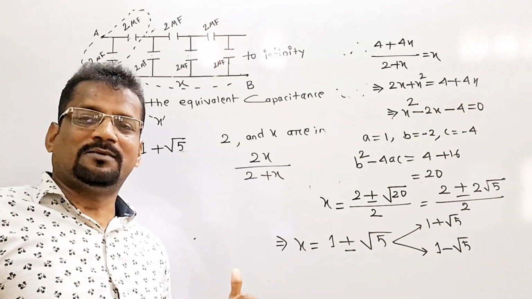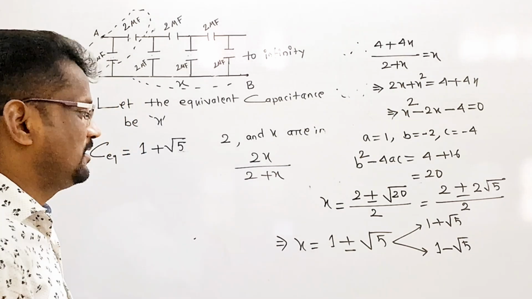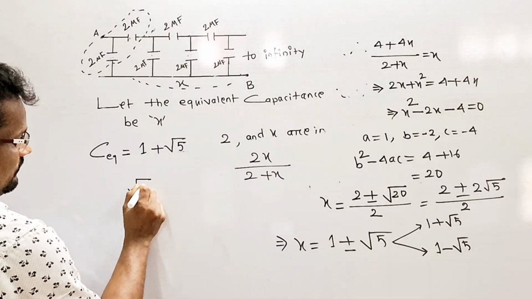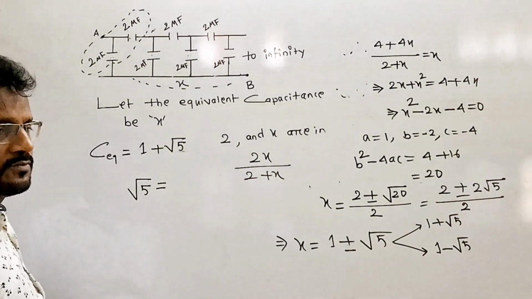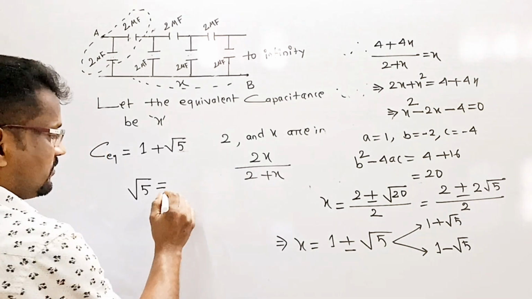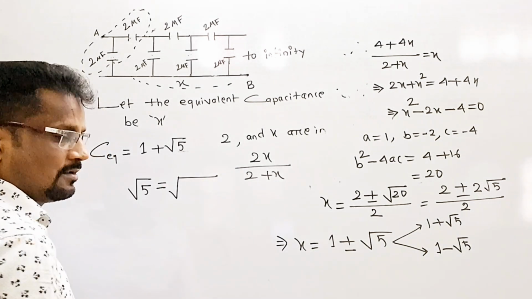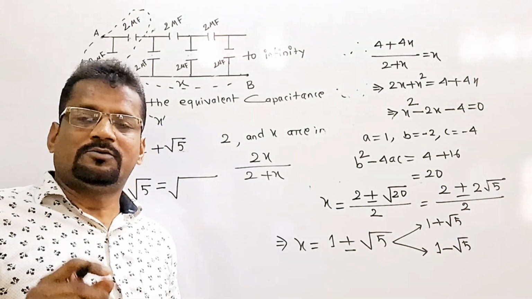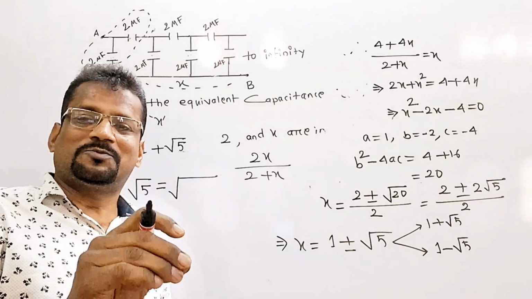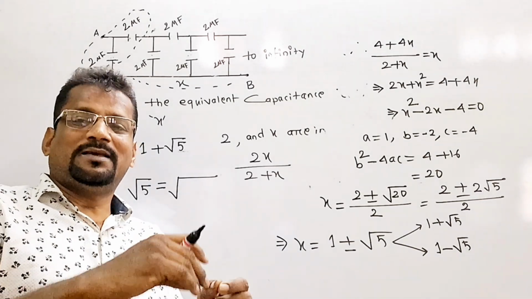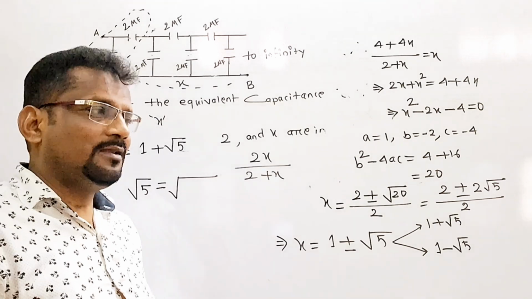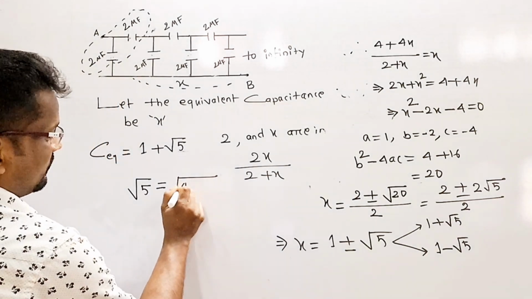If you want to get the answer in decimal, then you have to calculate the square root of 5. So how to calculate? Let me share a trick here. Within a couple of seconds you can calculate this. Root 5 can be written by thinking of a number which is a perfect square and just close to 5. It may be greater or smaller than 5, nearest to 5. That is 4. So you write 4 plus 1.